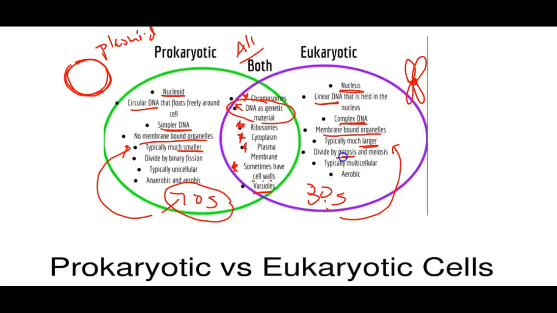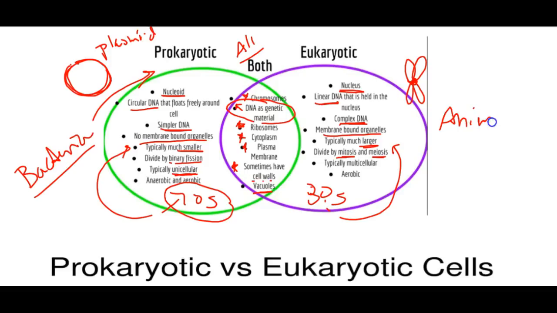Eukaryotes will divide by mitosis and meiosis. Those are both forms of cell division. Prokaryotes will divide by binary fission. Prokaryotes are typically always unicellular. Remember, prokaryotes are actually bacteria, or I should say bacteria are examples of prokaryotes. Eukaryotes would be things like animals and plants. Okay, so these would be eukaryotes.